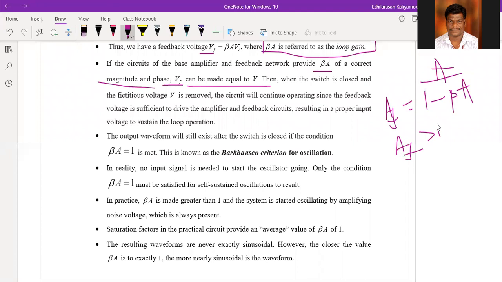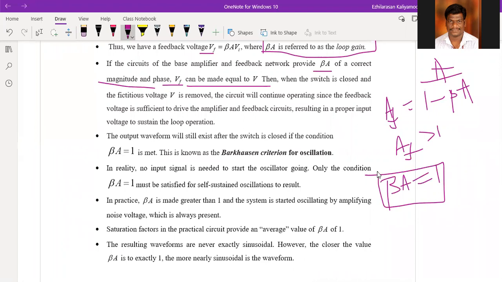So how can I get greater than 1? It's very simple. If beta A is equal to 1, what will happen? Substitute 1: A by 0, that is AF will become infinity. So AF is infinity, in the sense I can say AF is greater than 1.